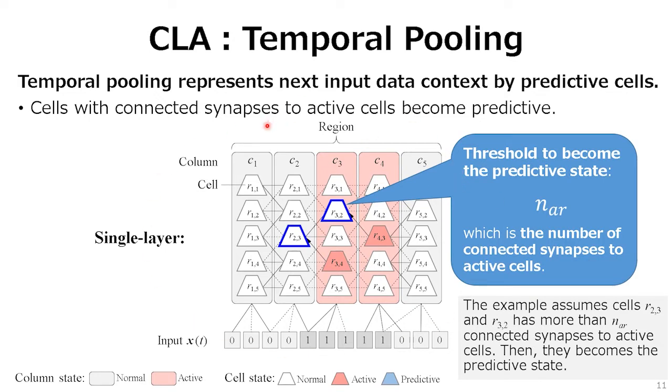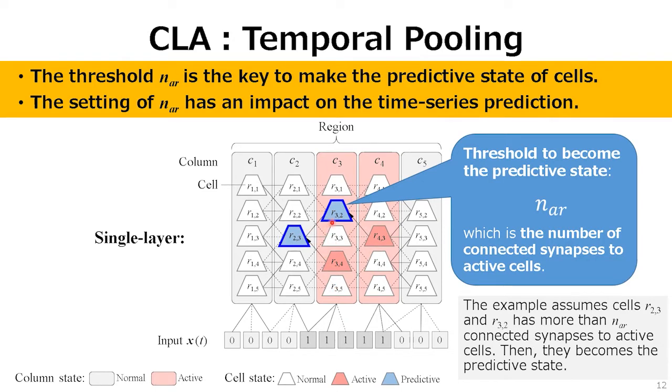In this example, we assume that the two cells R23 and R32 have more than NAR connected synapses to active cells. They then become the predictive cells. In this way, the threshold NAR is the key to make the predictive states of cells. The setting of NAR has an impact on the time series prediction.